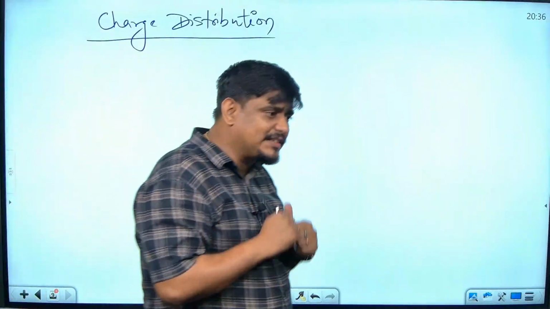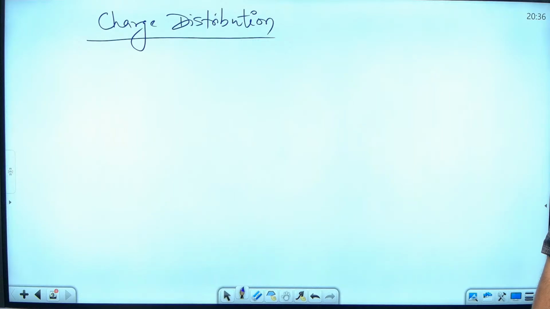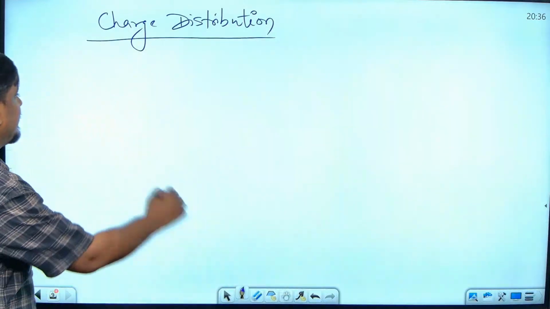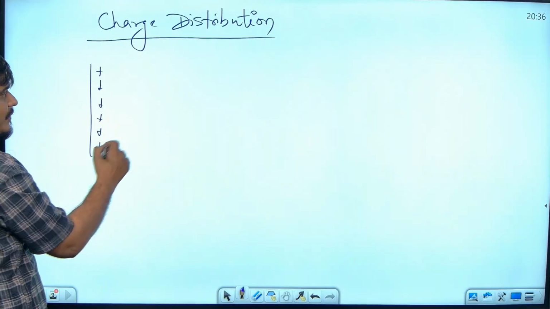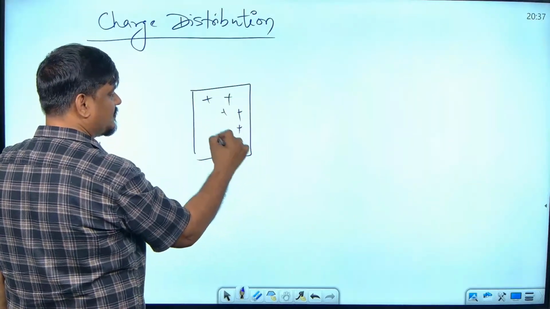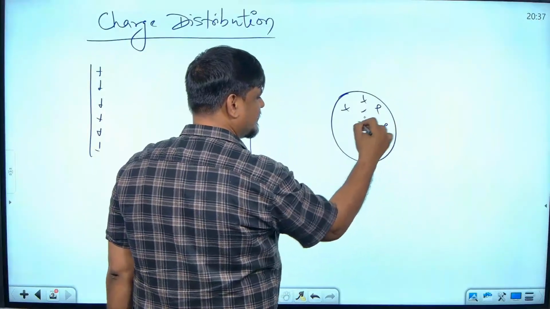So when we deal with charges, we generally don't deal with single, double, triple charge. We deal with multiple charges spread across either length or across surface or across volume. Are you getting my point?